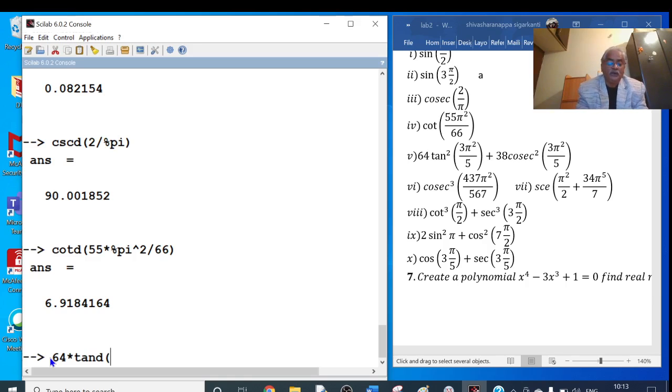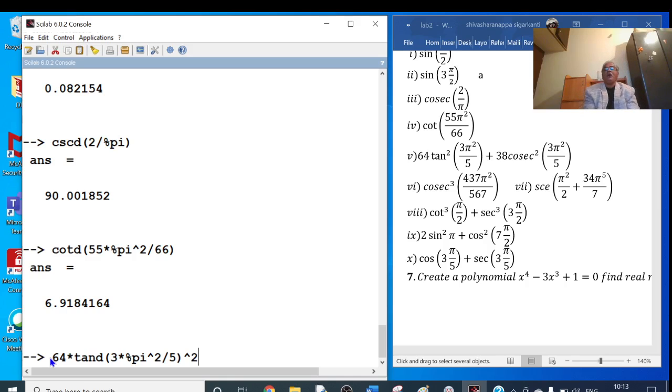The argument is 3 pi square by 5: 3 star percent pi caret 2, divided by 5. Tan d of 3 pi square by 5, bracket close. To this I have to give square, that is power 2.